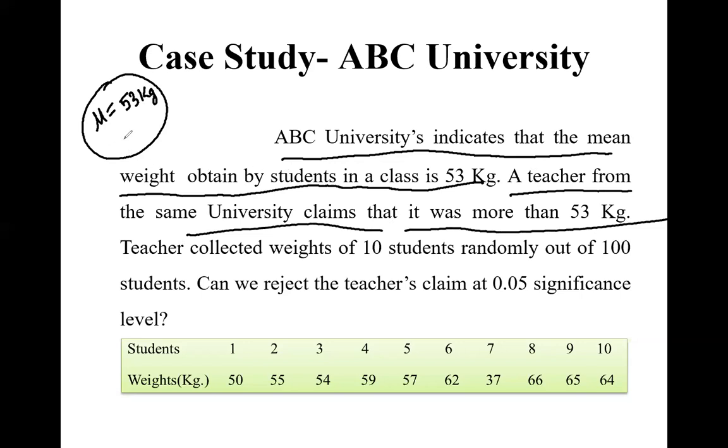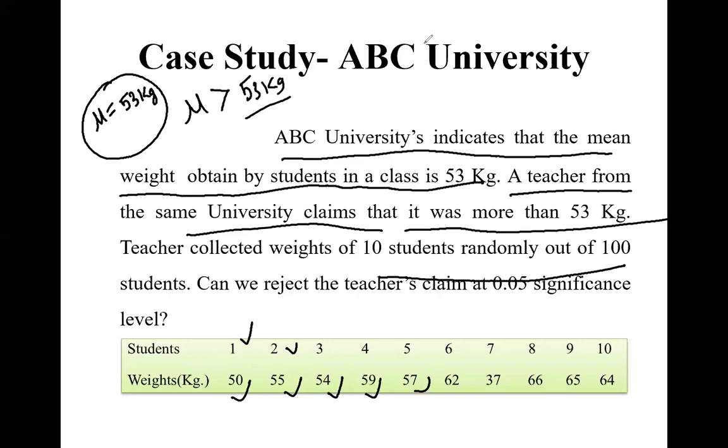The university said, prove it. How do you say the mean weight of a student is more than 53 kg? So the teacher randomly selected 10 students out of 100. The first student weighs 50, the second student 55 kg, 54, and so on.